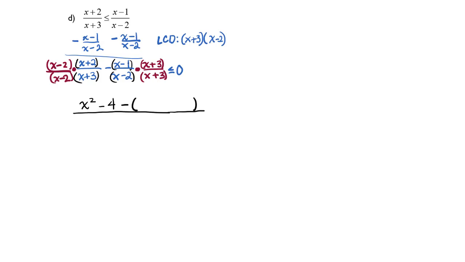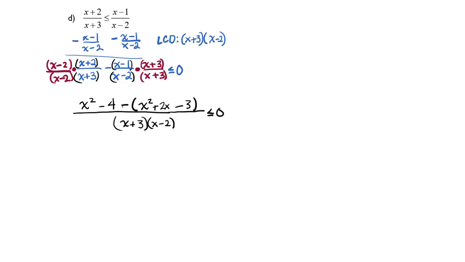When I FOIL x minus 1 times x plus 3, that will give me x squared plus 2x minus 3, all over x plus 3 times x minus 2. And that is less than or equal to 0.